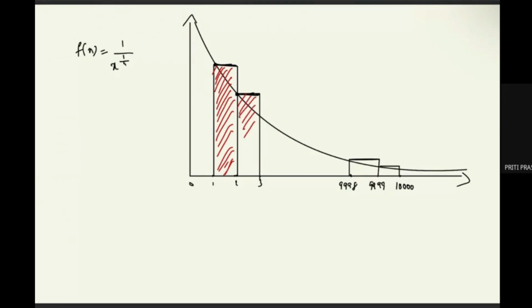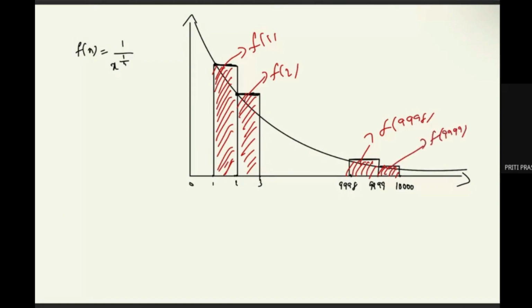Yes, sir. Similarly, the area of this rectangle is f of 1, f of 2, and so on, up to f of 9999. So this is the sum which we needed.